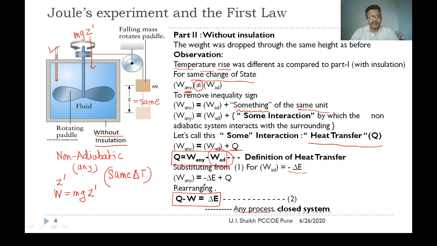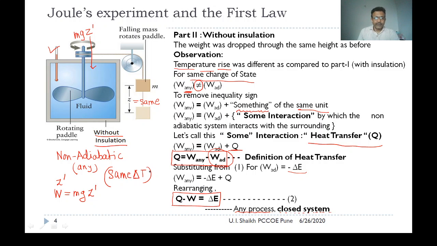So to summarize, part 1 of Joule's experiment gives you the definition of change of energy of the system, and part 2 gives you two things. First, it defines heat transfer without mentioning the temperature, and second, the general equation of the first law of thermodynamics, which can be used for any process undergone by a closed system.